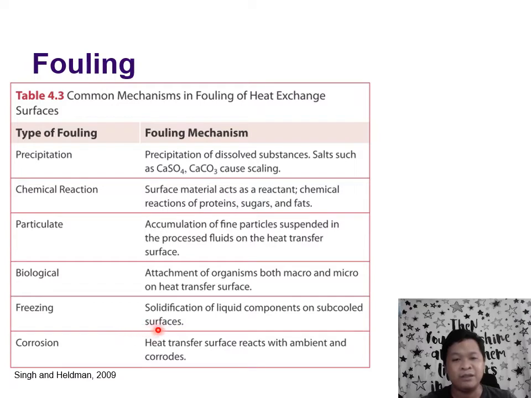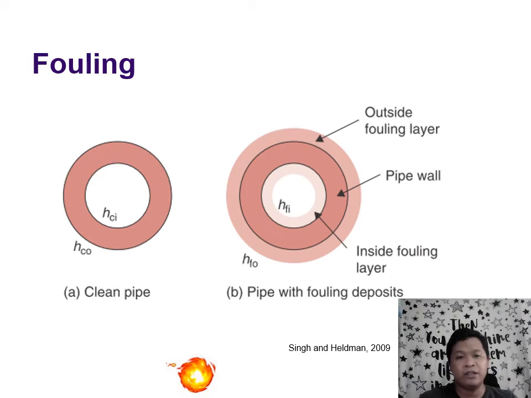And corrosion fouling, when nag-react sa oxygen yung surface mo and if perhaps it's not properly passivated, then you might have corrosion. So take note that fouling could happen in both the inner and outer walls of your pipe. So definitely, depende kung ano yung gusto mong mangyari, maapektuhan yung heat transfer mo on both ends, no?